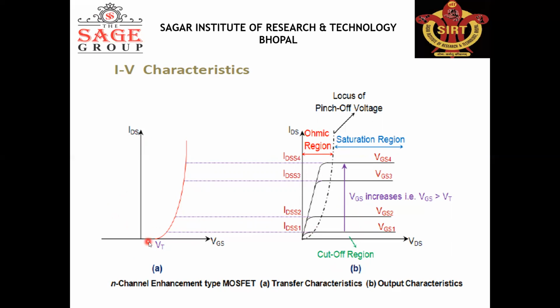From here we can say that even as the gate source voltage increases, the current does not increase, because the channel is not formed. The channel is formed when the gate source voltage reaches the threshold voltage, Vt. When the gate source voltage reaches the threshold voltage, a sufficient channel is formed between the drain and source, and if we then increase the voltage, the current increases in the enhancement type MOSFET.